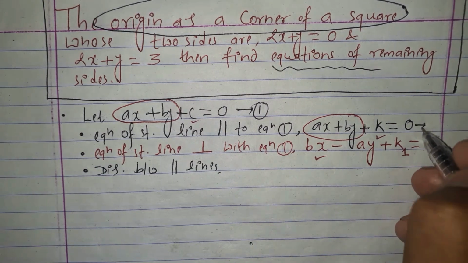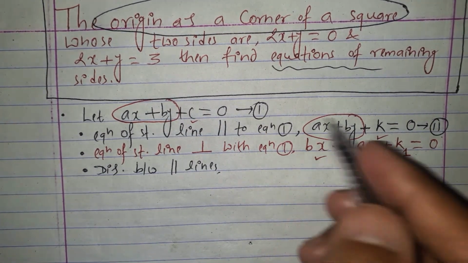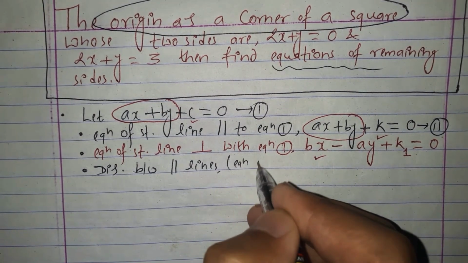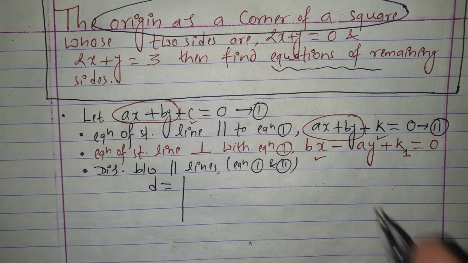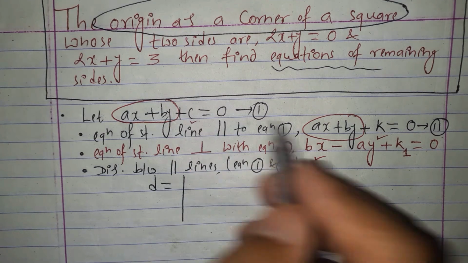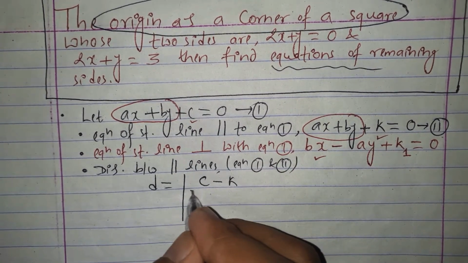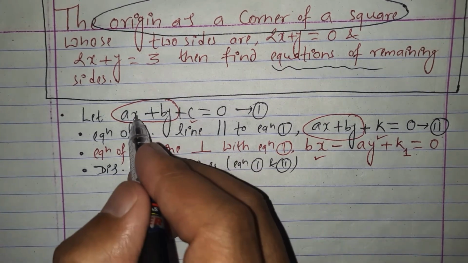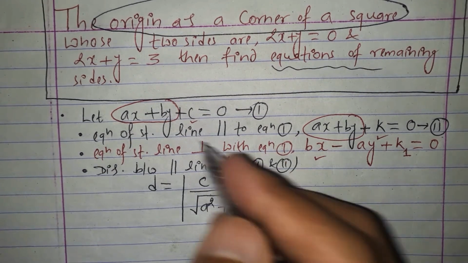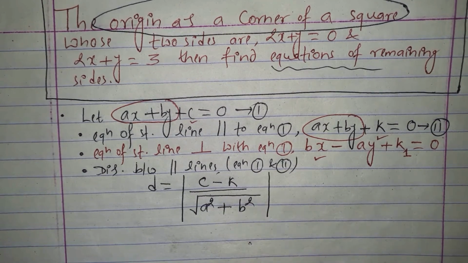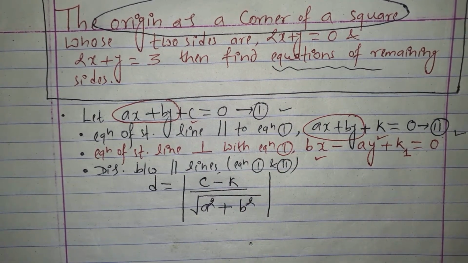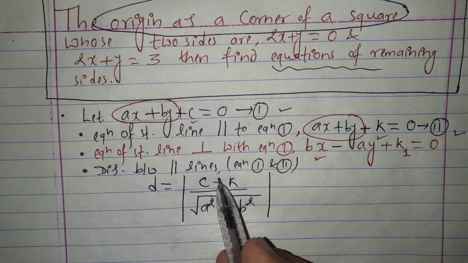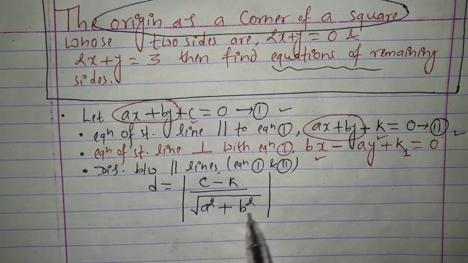Let's take the distance between equation 1 and the second equation. They are parallel to each other, and let's take d as the distance between them. d is calculated as the absolute value of the difference of the constant terms, here c and k, so |c - k|, all over the square root of the coefficient of x squared plus the coefficient of y squared, that is a squared plus b squared.